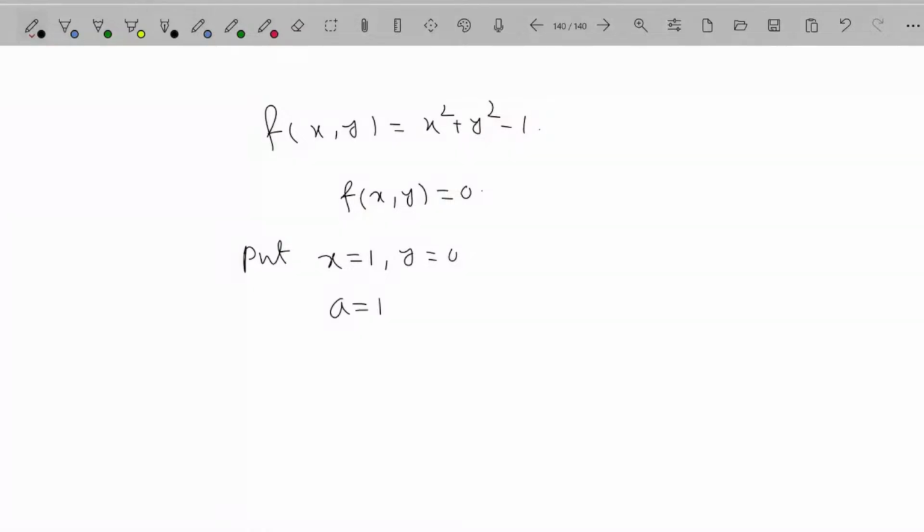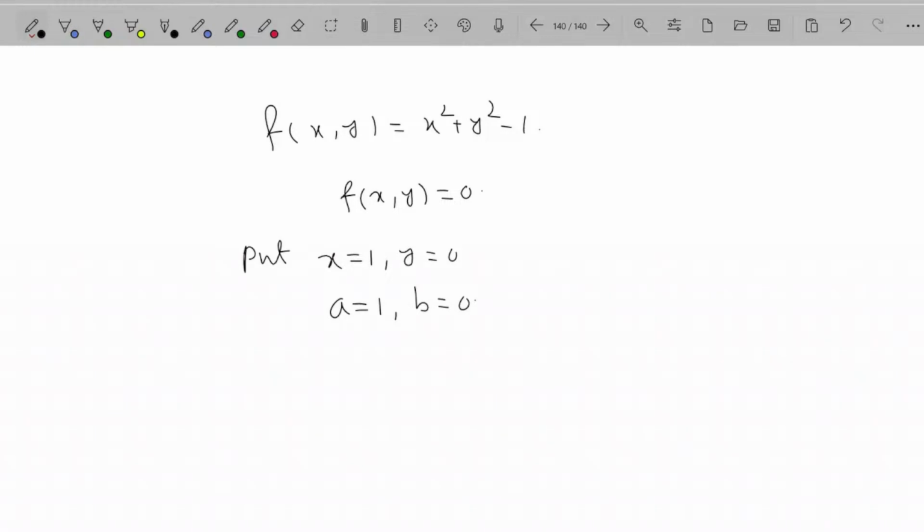Consider this function: x square plus y square minus 1. If we consider this equation, f of x, y equals 0, you see that putting x equals 1, y equals 0, it will satisfy. So we'll take a as 1, b as 0. Okay. So that means it is satisfying.